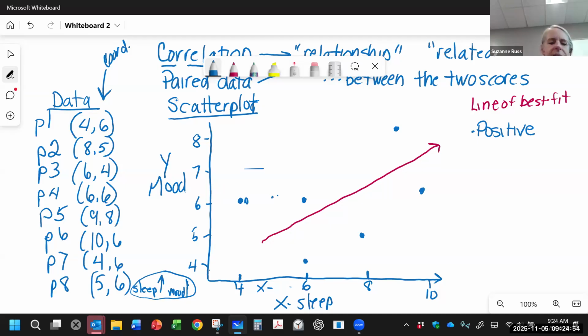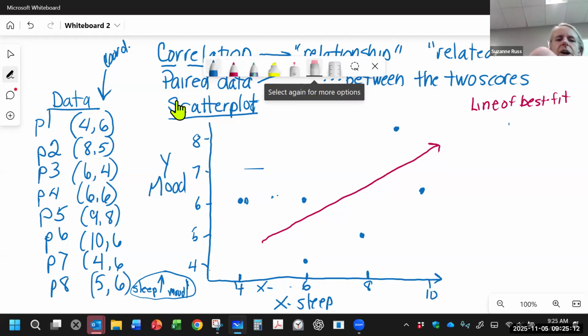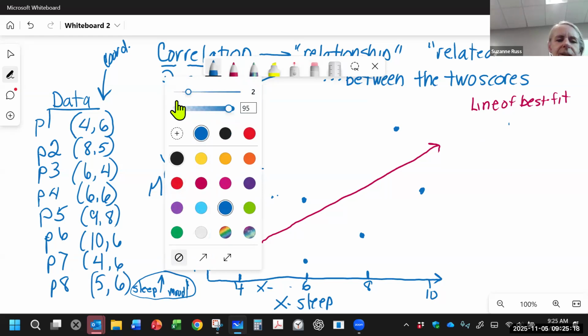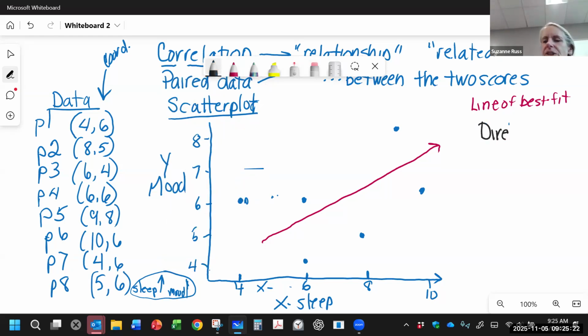So when we're looking at actually measuring or examining this kind of relationship, we're looking at two different dimensions. So the first dimension, I'm going to erase this word just so I have room to write something on top of this. We draw our line of best fit, and then we can look at the direction of the relationship.